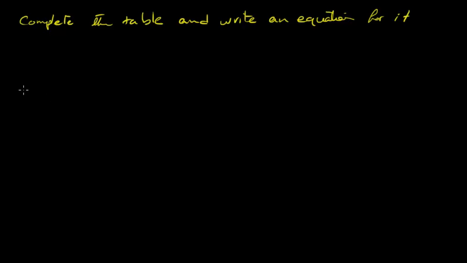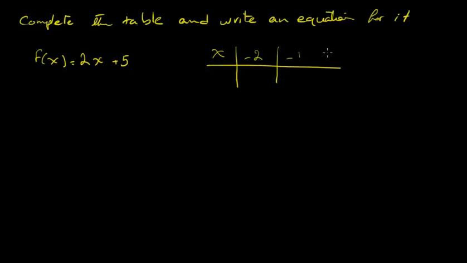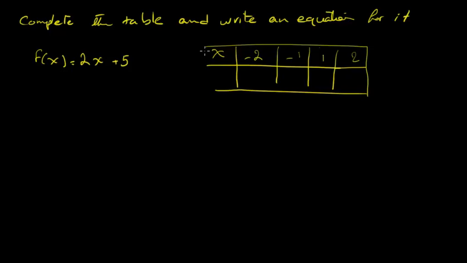So we have a table where f of x equals 2x plus 5, where x equals -2, -1, 1, and 2. What would be f of x?